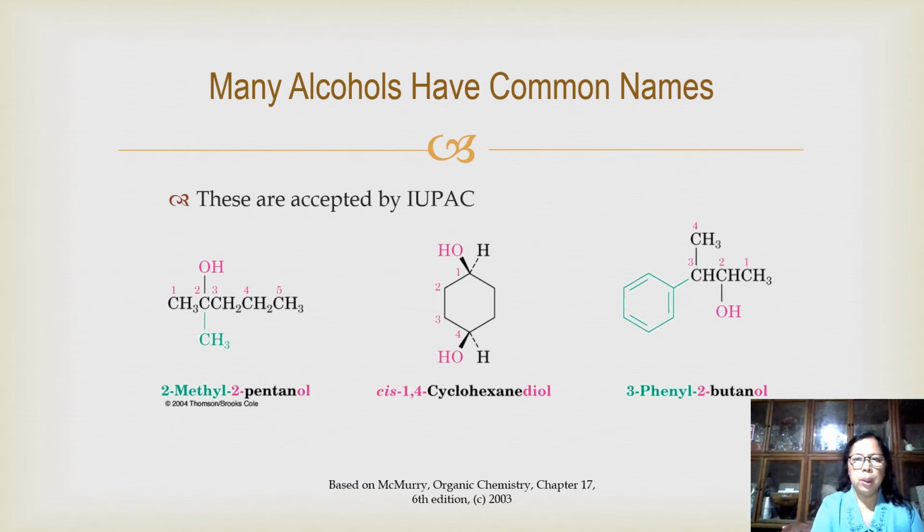Next, since there are two OHs, you have to know where these OHs are. So you start with one with the OH: 1, 2, 3, 4. So you have 1,4-cyclohexanediol. Now, if you want to write further characteristics in the name, you can have the cis and trans.